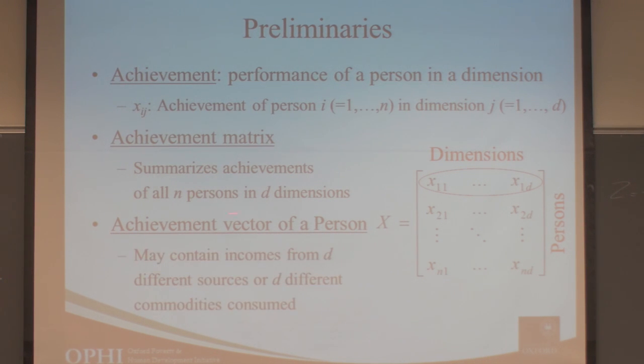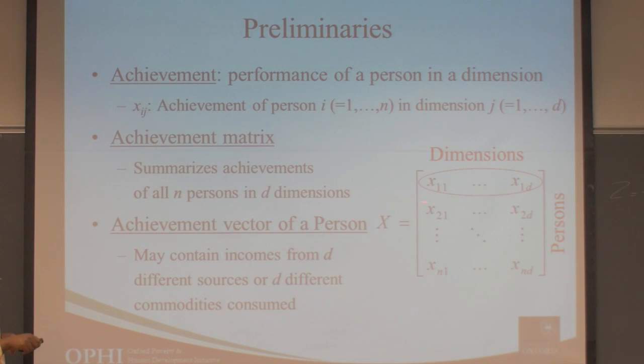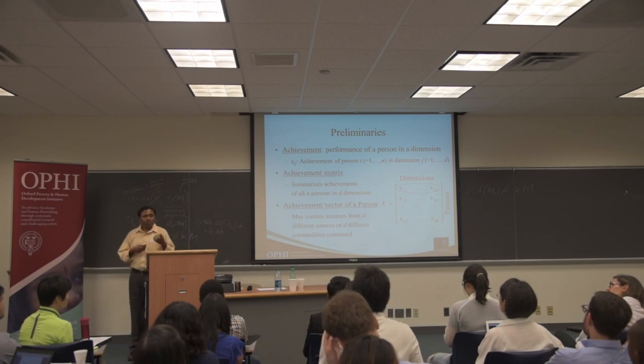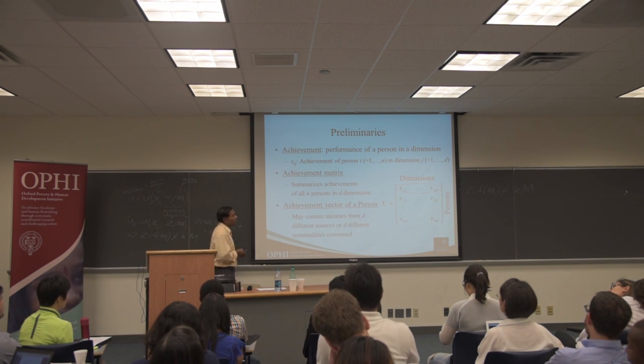Now, in the monetary world, what would these d achievements consist of? It may consist of incomes from d different sources, or it could be the d different commodities consumed. This is what we in general mean by achievements when we are talking about monetary poverty.